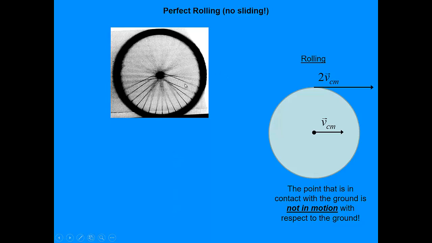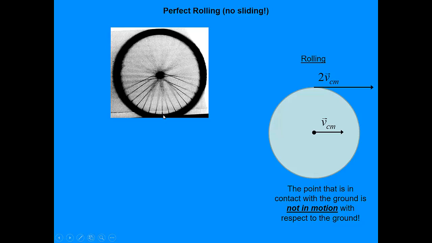Look at the picture. When you take a picture of something and it's blurry, what does that mean? That means it's moving. The blurrier it is, the faster it must be moving. Well, look where this is the blurriest, at the top, which is where it's moving the fastest. And it gets less blurry as you move down, but look at the very bottom, where the picture is essentially clear.